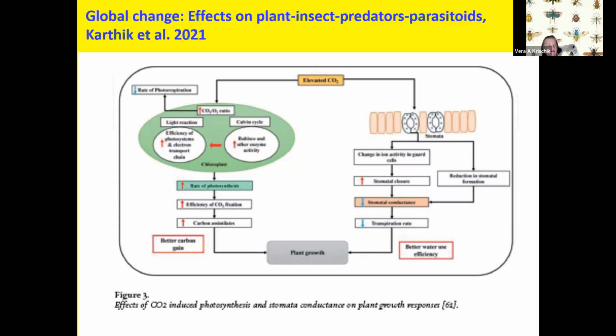And what they do to survive is they close their stoma and they just don't photosynthesize, and they sit there until the environment improves. So that's why we overplanted ash. And so what this model talks about is how elevated CO2 and better carbon grain, the effect on plant growth, how all of this just through photosynthesis and stomata opening and closing are going to affect plant insect interactions.